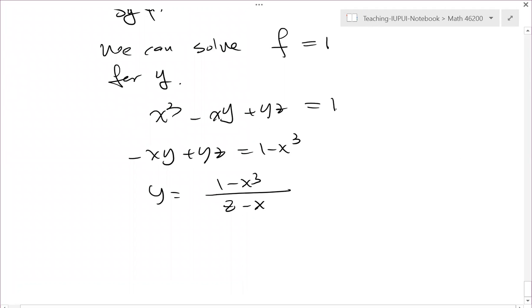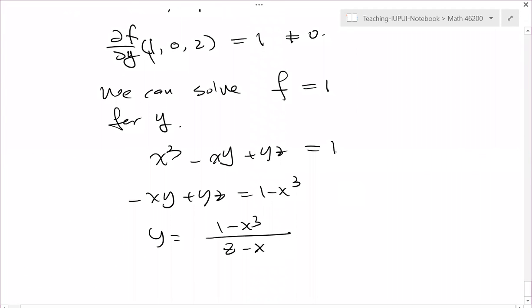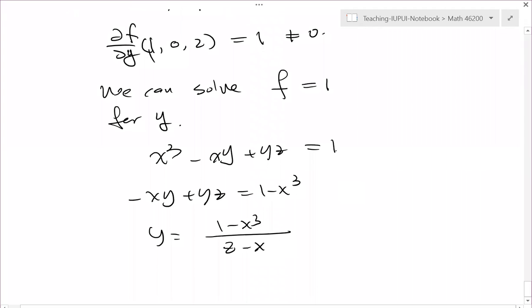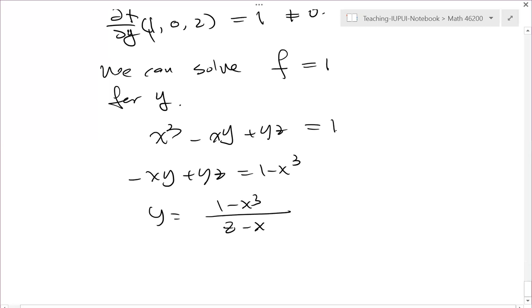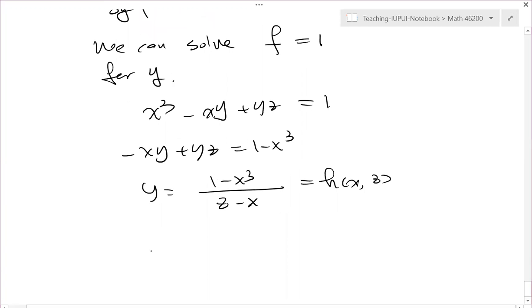So this is defined at the point when x is 1, z equals 2. So this function h(x, z), so 0 equals h when x is 1, z is 2. And this is defined.